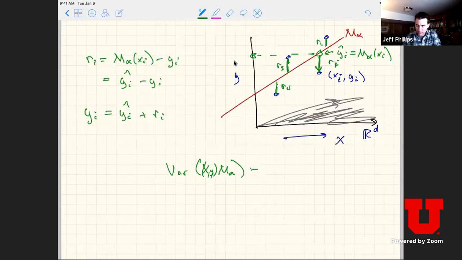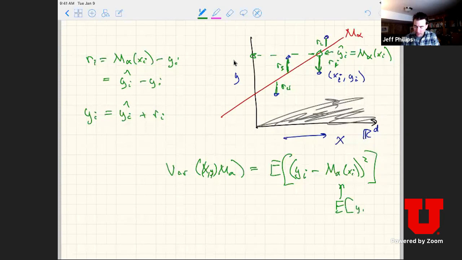The variance is going to be the expected value of the difference between the yi's I see minus the expected value of them, and the expected value of them in this case is represented by this model. And I'm squaring this. So this represents the expected value of the yi. To do this right, you can do a full Bayesian or statistical derivation of this, given the value xi and the data.